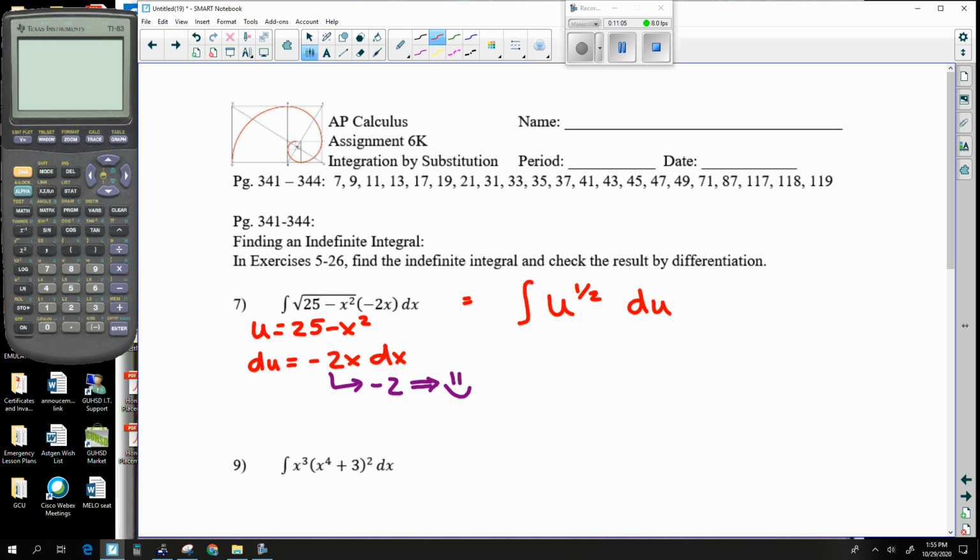So I know that this derivative is going to go away, and then I just operate with the u. Sometimes I have to add extra pieces, which always go up front, in front of this integral. Again, this is a process. Again, it's tough. All right, so u to the 3 over 2, 2/3. And thus, this is 2/3, u being 25 minus x squared to the 3 over 2. Plus c.